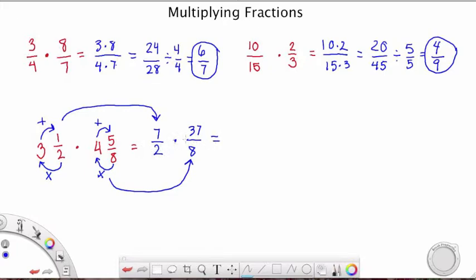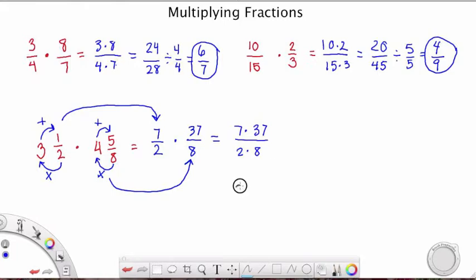We're going to have 7. Once again, we just multiply numerator times numerator, 7 times 37, over denominator times denominator, which is 2 times 8. And boys and girls, I don't see any common factors that I can use to make these numbers any smaller, so we're going to have to go off here to the side.